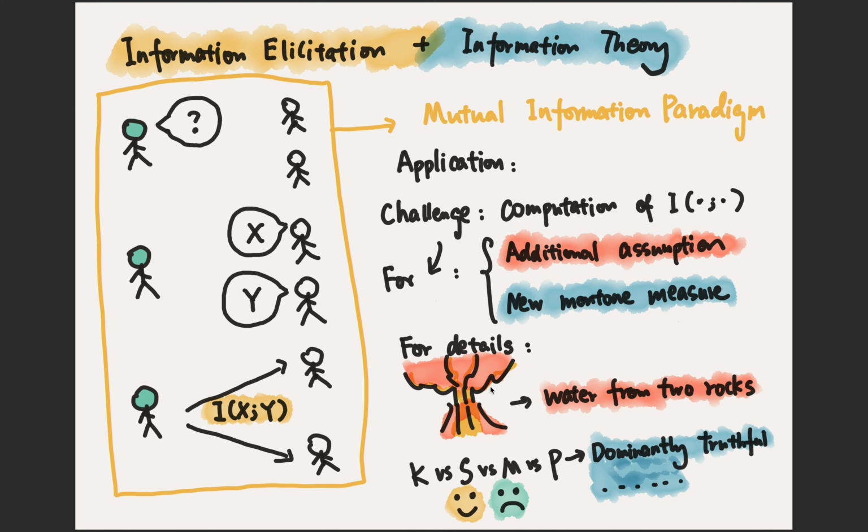If you want to know more details about these two approaches, for the first one, you can refer to the Water from Two Rocks paper, and for the second one, you can refer to the dominantly truthful multi-task peer prediction paper. The second one actually proposed a new information monotone information measure, such that we can estimate this measure with only a small number of samples.